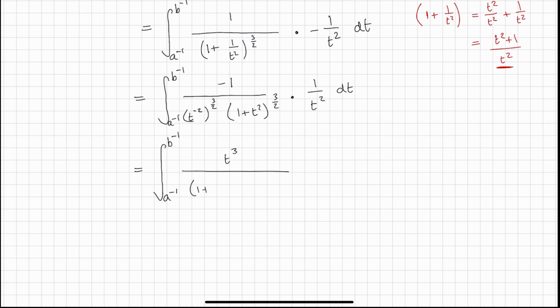We then have (1 plus t squared) to the 3 over 2 multiplied by t squared dt.